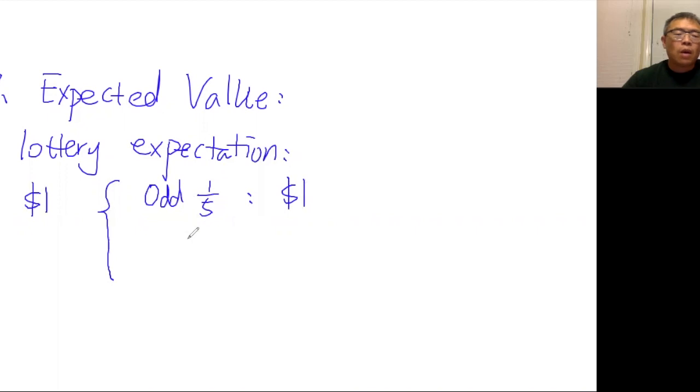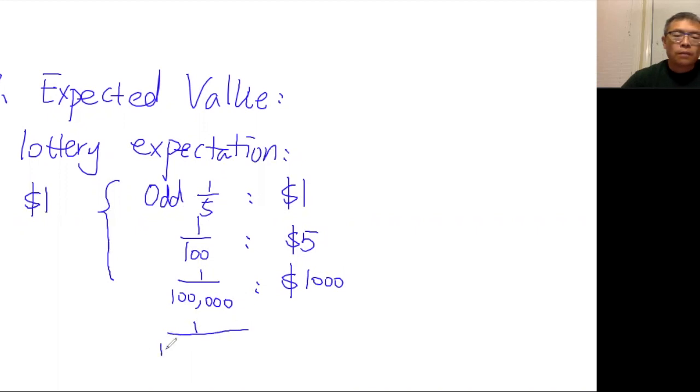Now an odd of 1 out of 100 to get $5, an odd of 1 out of 100,000 to get $1,000, and finally, an odd of 1 out of 10 million to get $1 million.